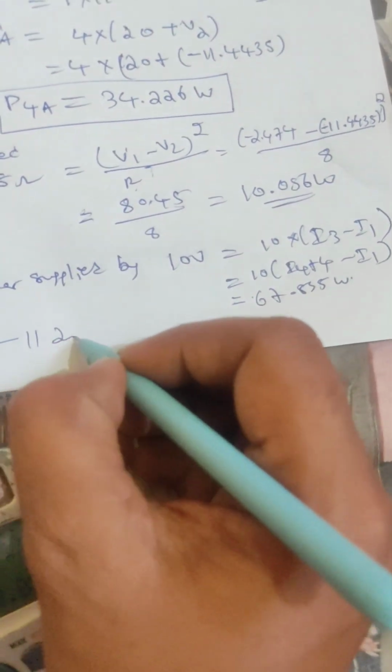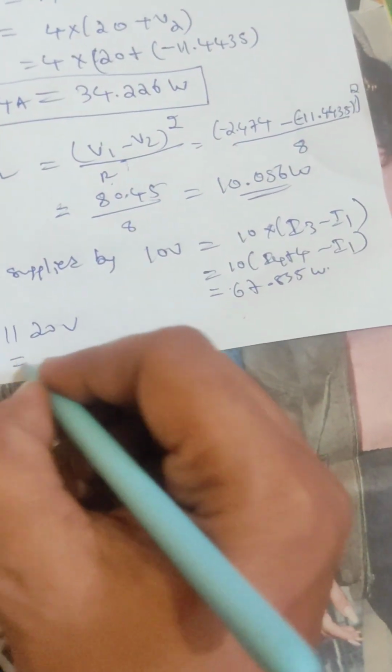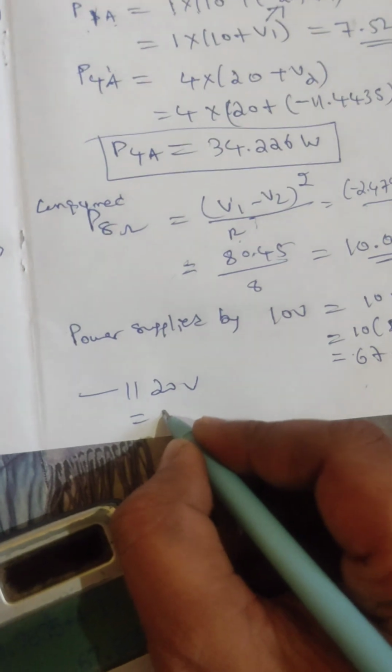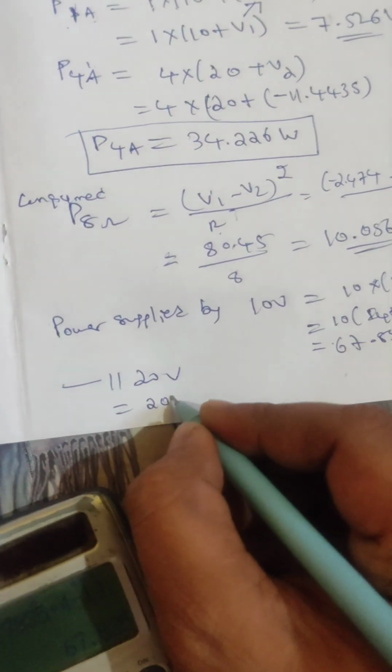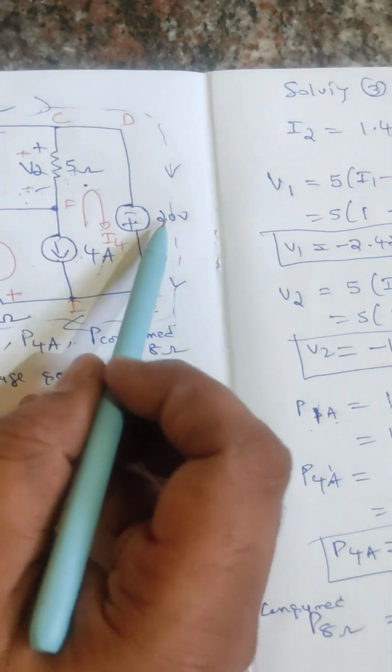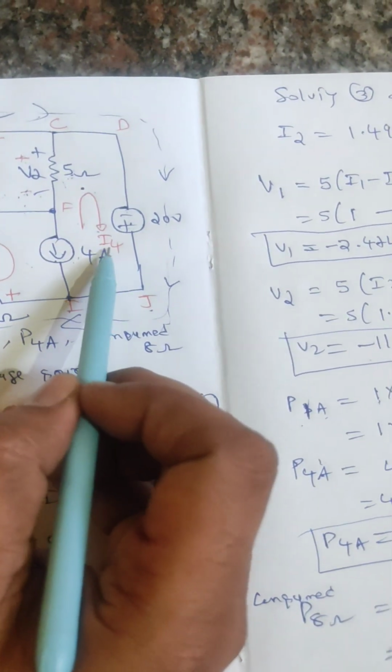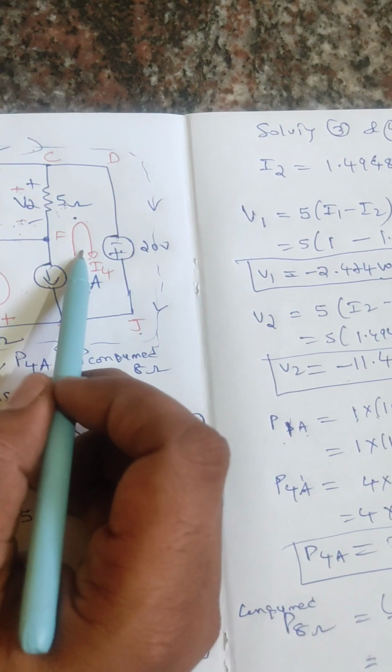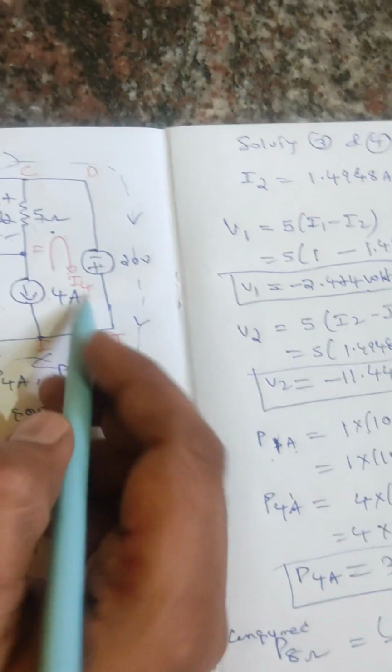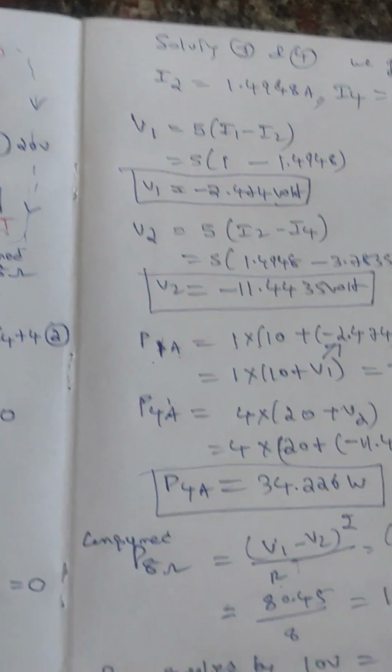Similarly, for the 20 volt source, we can write the power supplied by 20 volt is voltage 20 into current. See, for this 20 volt, what is the current passing? Only I4 current is passing. That current is flowing from minus to plus, so it is a rise. So you should write plus I4.